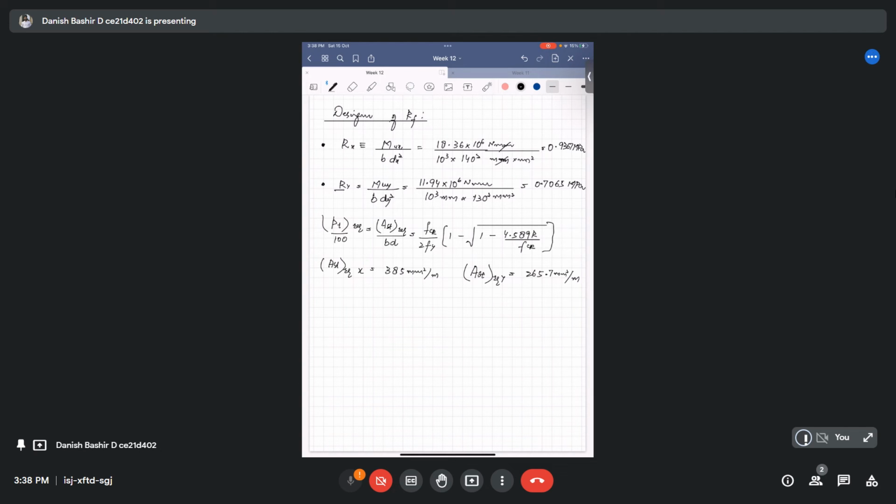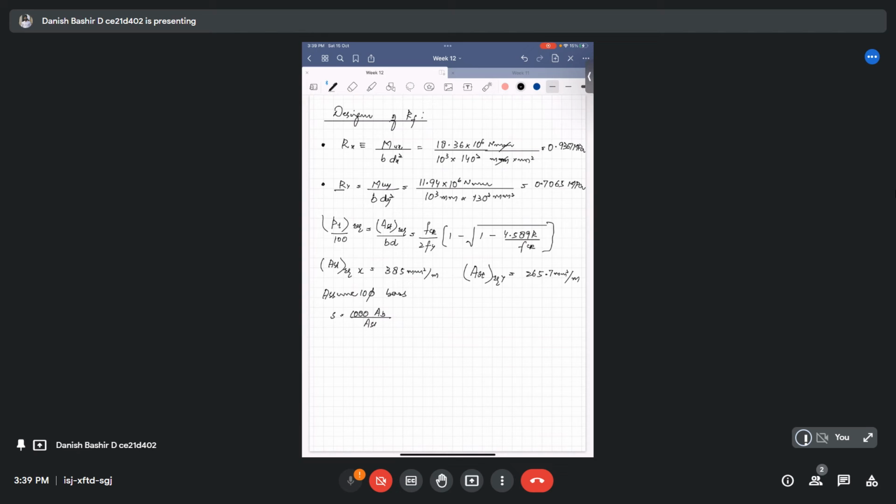So spacing, if I assume 10 mm diameter bars for lx, the spacing required s will be 1000 times area of bar divided by Ast.